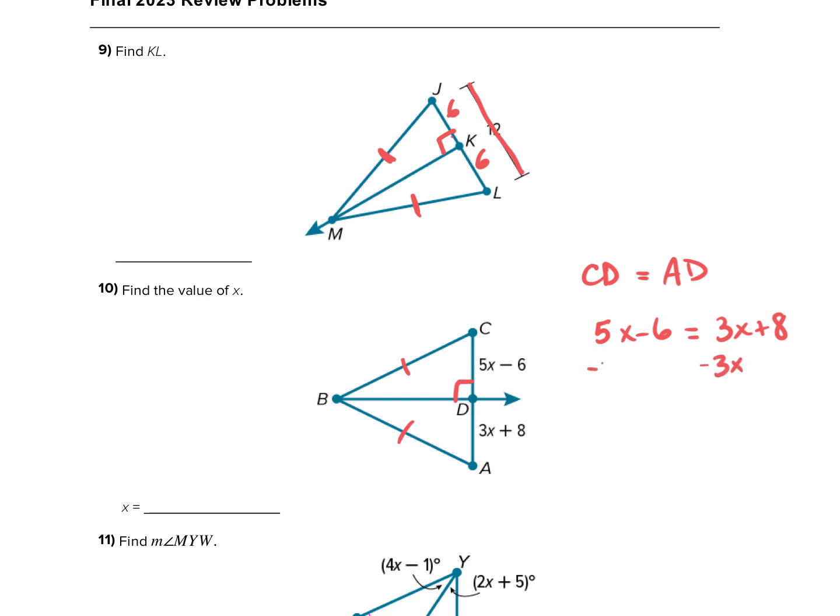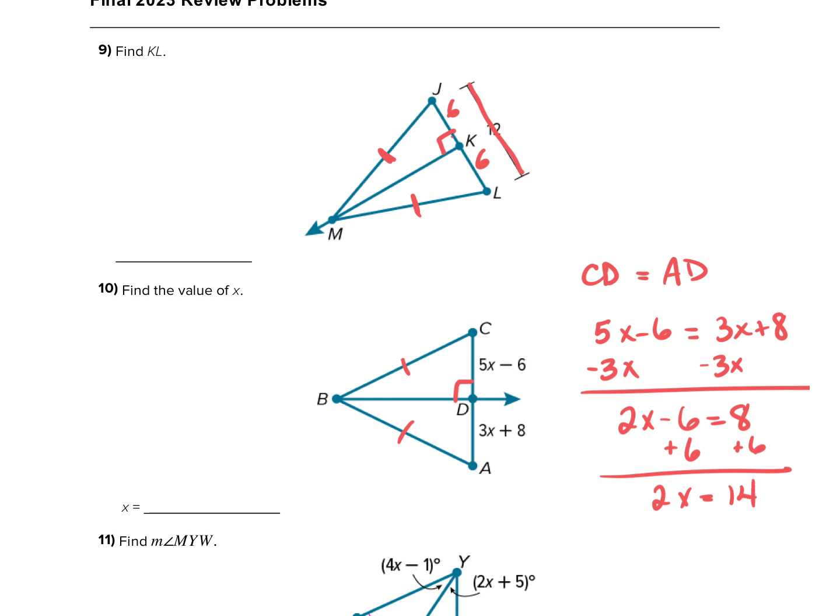Subtract 3x from both sides, so I get my variables on the left, leaving me with 2x minus 6 equals 8. Add 6 to both sides to get my constants on the right. I get 2x equals 14, and when I divide by 2, x equals 7.